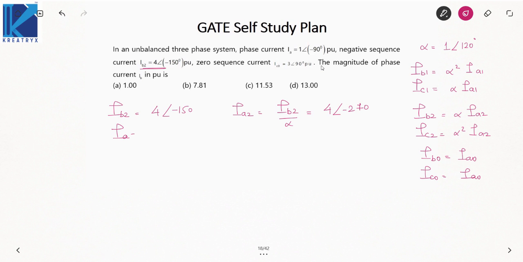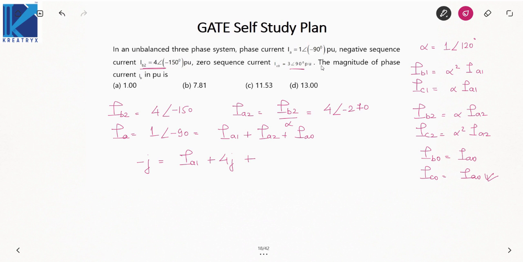We know IA is 1 angle minus 90. It is actually IA1 plus IA2 plus IA0. Minus 90 means minus J. IA1 we do not know. Minus 270 means plus J. IA naught will be same as IC naught.